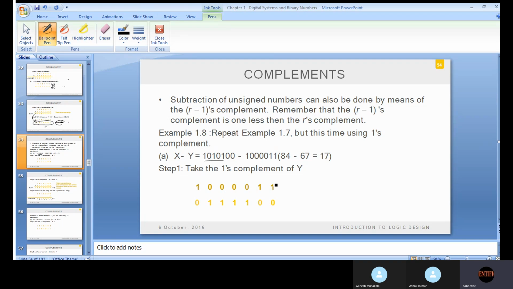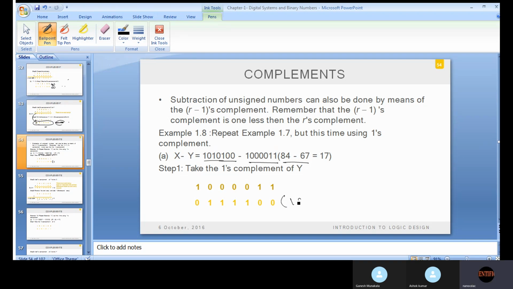So, and we can also follow the other method which is called as r minus 1's complement. So r minus 1's complement is 1 less than r's complement. Okay, so the same thing we are taking here. So x minus y, these two numbers we are taking, 84 minus 16. So what we have to do is we are taking the y.